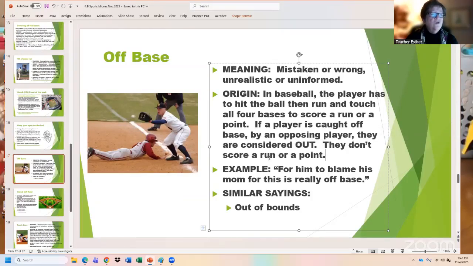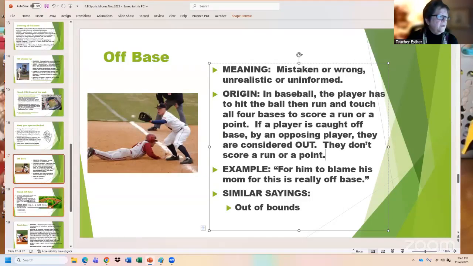They don't score a run or a point, and they've done a lot of work to get on that base, but when they're off base, they're not going to score. So out of bounds or off base are similar sayings, meaning the person is mistaken or wrong.